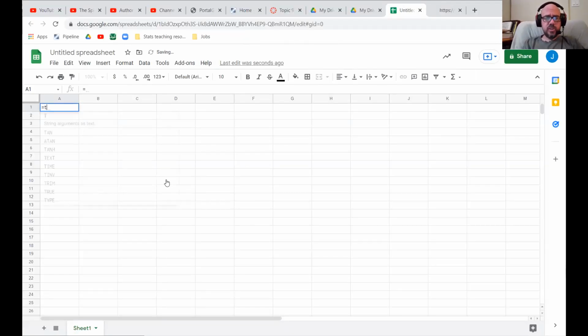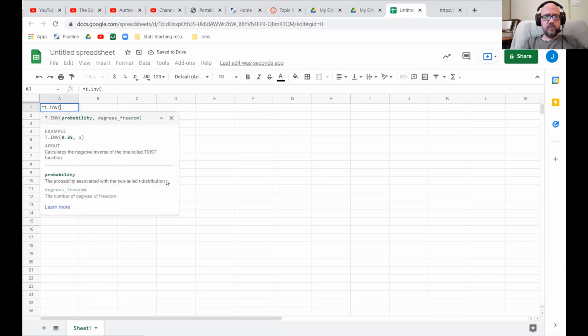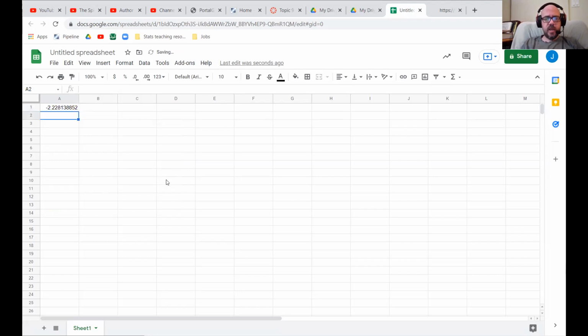So we're going to do equals T.INV of the probability. A 95% interval means that I want 2.5% on either side, and degrees of freedom is 10 here. So this tells me that I need to go 2.228 standard errors on either side of the mean in order to capture the area that I want.